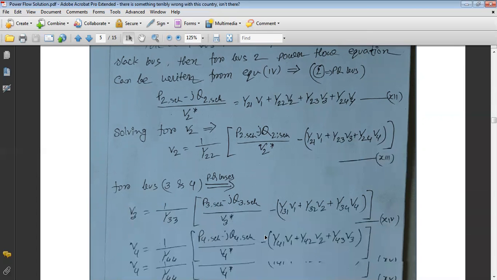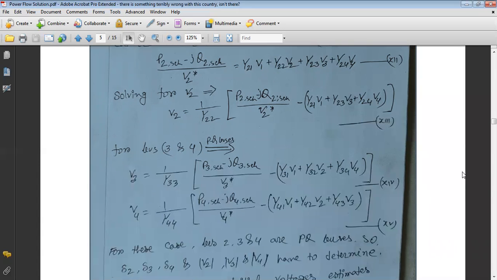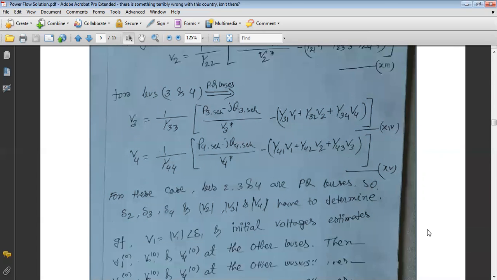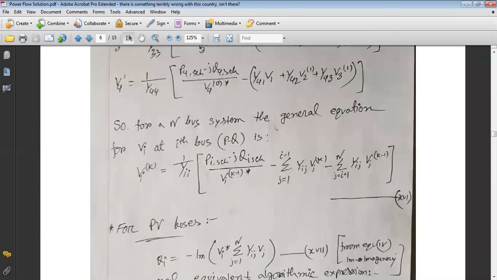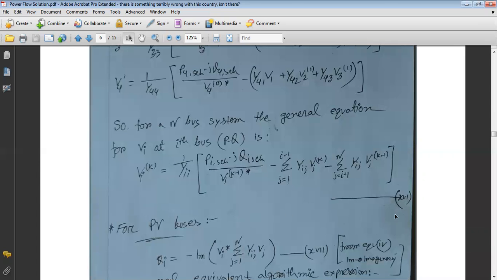Since bus 3 and bus 4 are also PQ buses, this is the equation for bus 3 and this is the equation for bus 4. By using these equations, we can calculate the voltage magnitude and angle. Here, equation number 16 is the general equation.